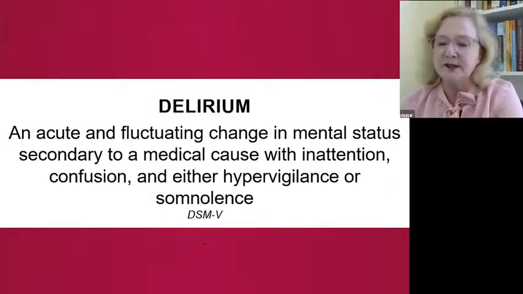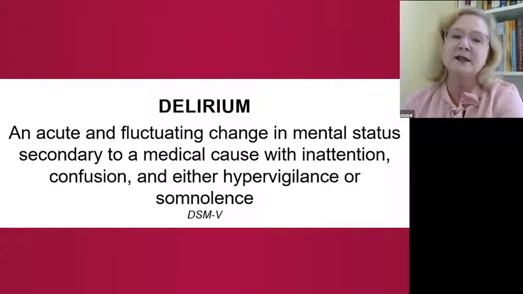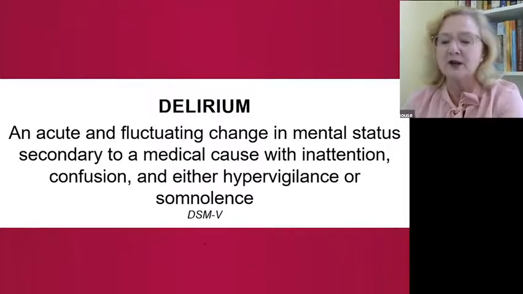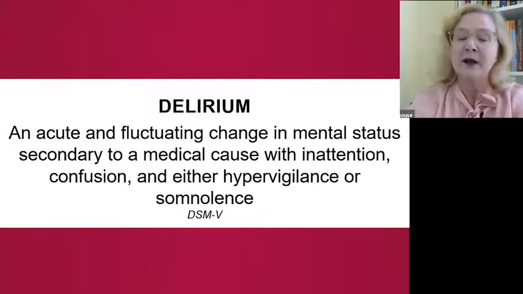The presence of delirium is most prevalent in older adults, though it can occur in all age groups. And the highest incidence of delirium does occur in acute care. It is known as a medical emergency.